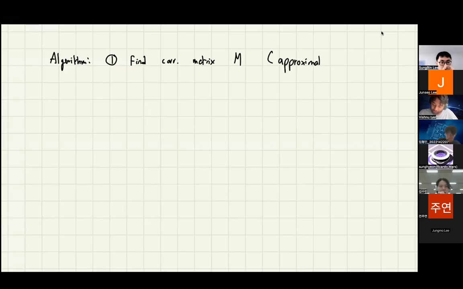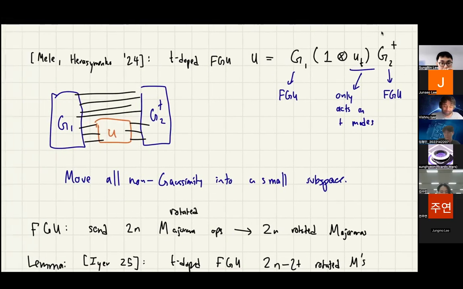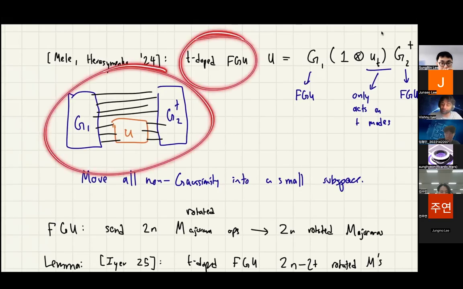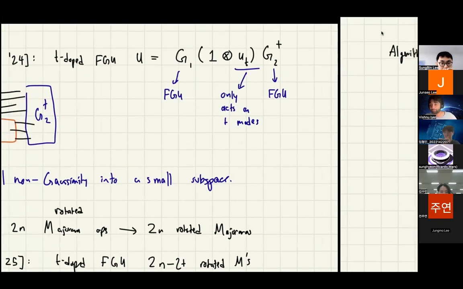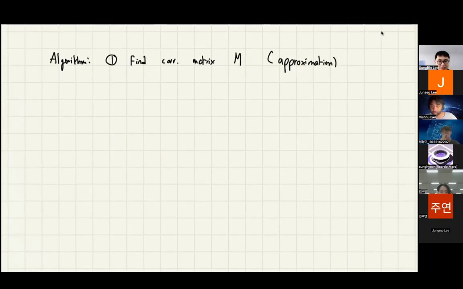And folks, I'm going to be honest, an hour is really not enough time to tell you about all the technical work that goes into the paper. There's a lot of hard stuff that comes with approximation, but let's just take it for granted now, okay? So we find the correlation matrix M. This is no longer a fermionic Gaussian unitary. It's a T-doped fermionic Gaussian unitary, but it still has a correlation matrix. It doesn't tell us all the information, but it will get us there, okay?